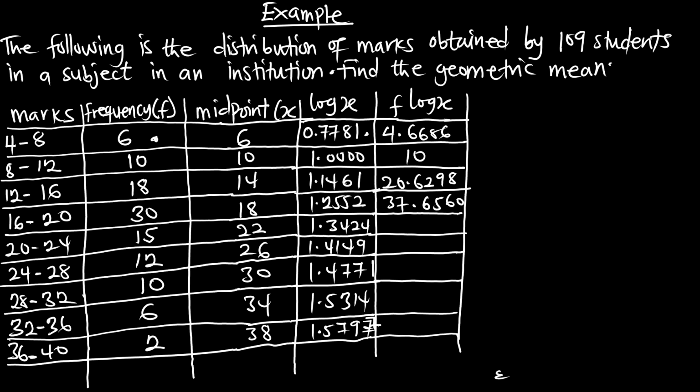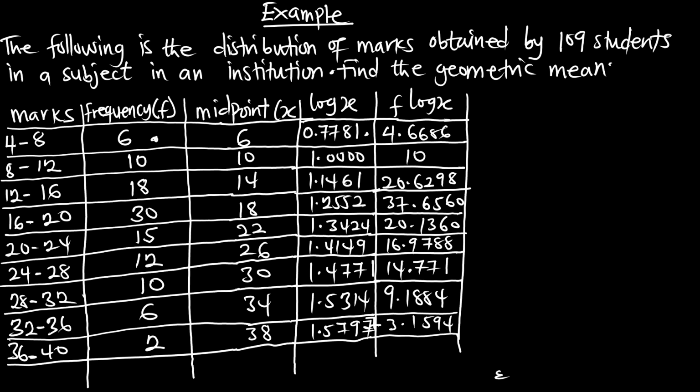We are also going to get 20.1360, 16.9788, 14.771, 9.1884, 3.1594 as our values. Are we okay?